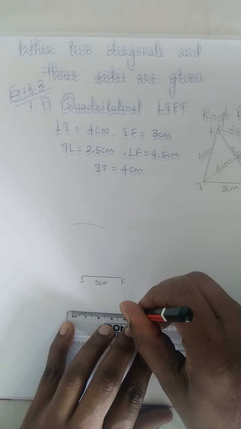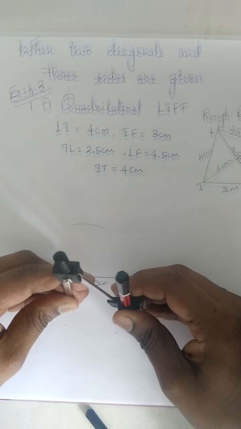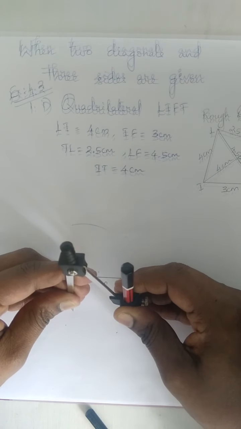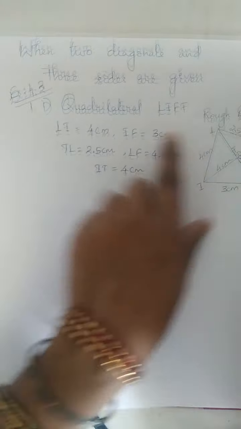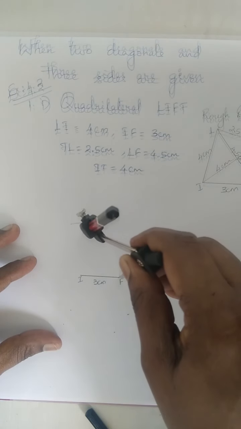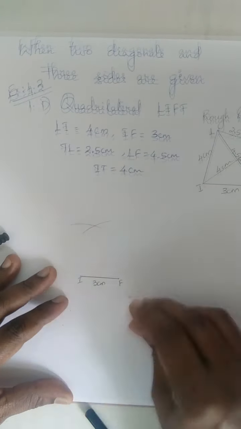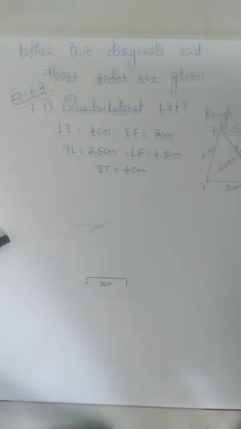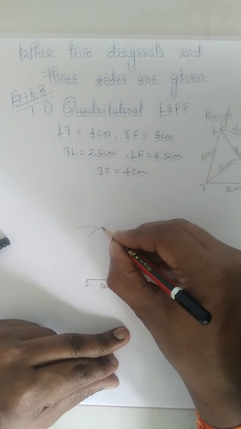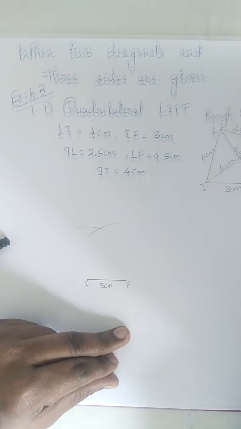From F 4.5 centimeter. So on F you keep the pointer of the compass, then make another arc. The arc has to intersect the previous arc. Now you are receiving the intersecting point. Correctly you point that intersecting point.